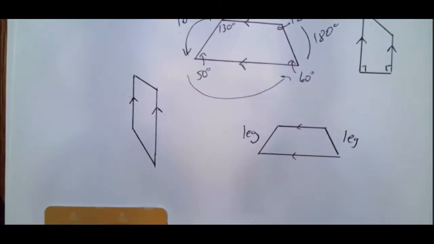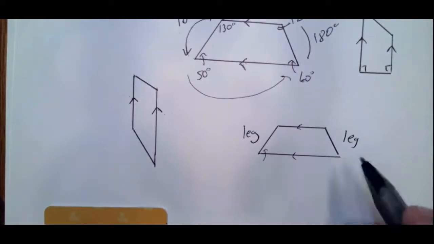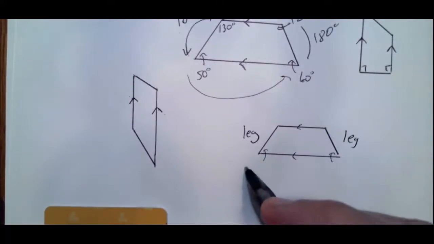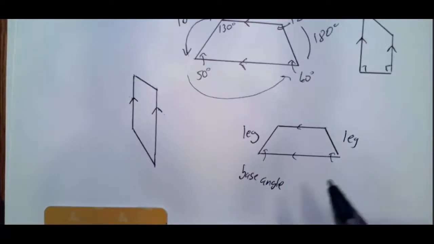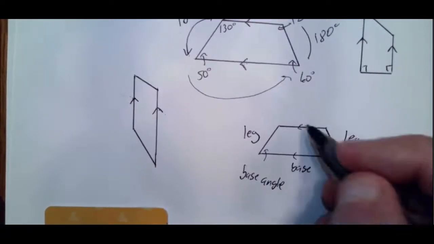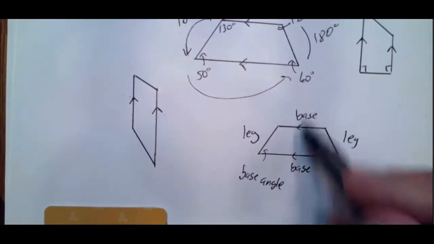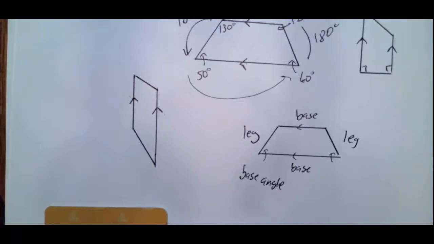So that's a leg and that's a leg, and every angle that you see on a base is called a base angle. All right, so this would be a base, and this is a base. So a trapezoid actually has two bases to it.